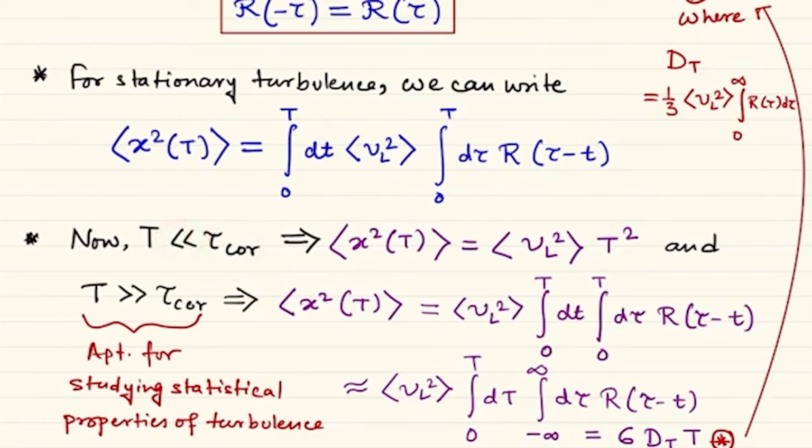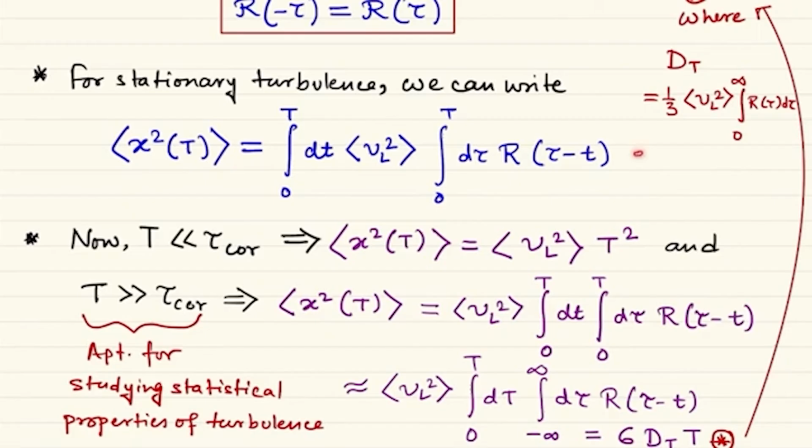The correlation time is the time beyond which the 2-point velocity correlations have decreased by a significant amount, by about 67%, that means to 1 by e.